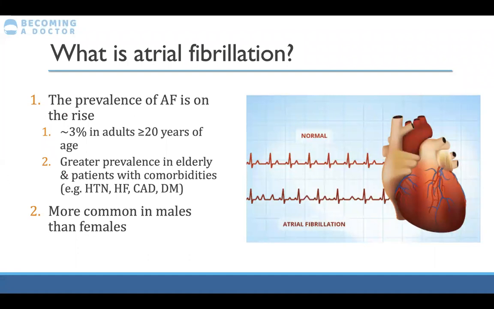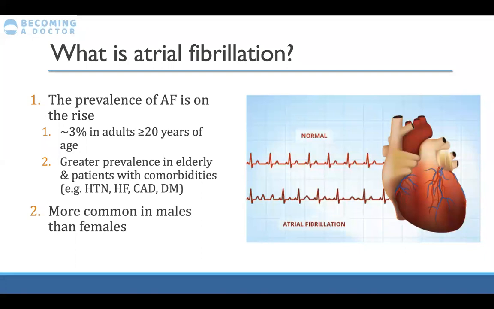It's always important to note the epidemiology with any sort of pathology that we're looking into. For AF, this is the most common sustained cardiac tachyarrhythmia, and estimates do suggest that its prevalence and incidence is increasing worldwide.